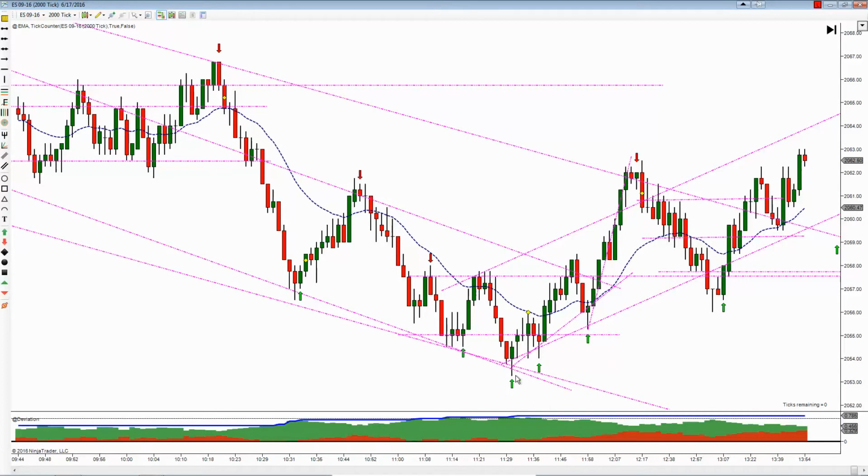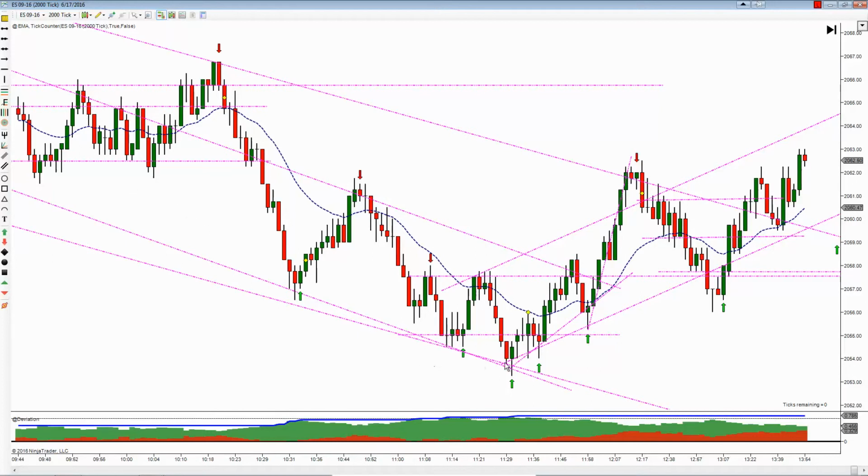I did have my stop below this bar, below the swing low, which is actually a much bigger stop. It's bigger by, I believe, a full point than I normally take. But again, I was looking for movement to continue the way the price action was previously printing.